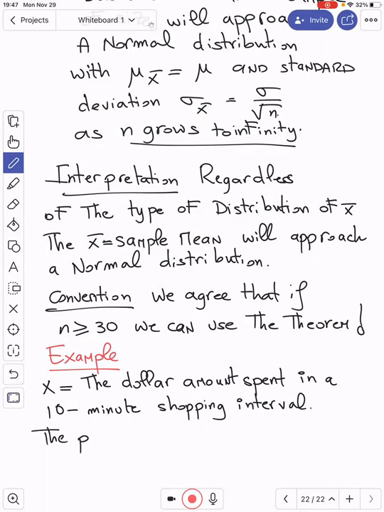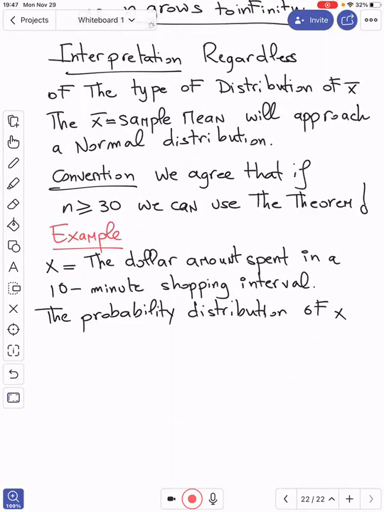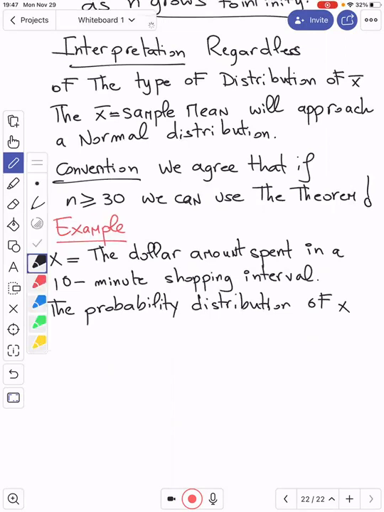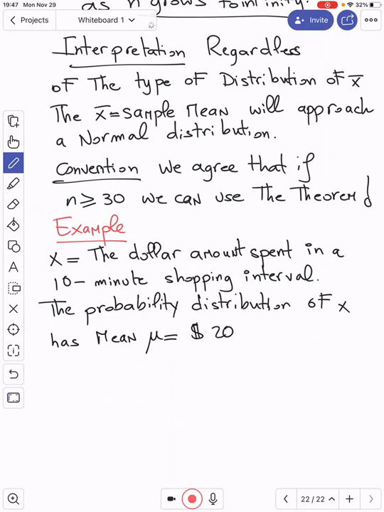So the probability distribution of x is actually not a normal distribution, but it has mean mu equal to $20 and standard deviation sigma equal to $7.